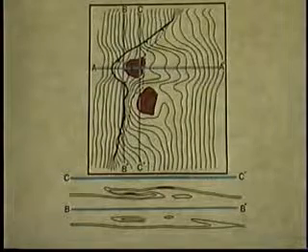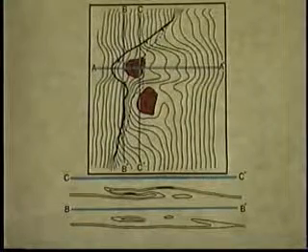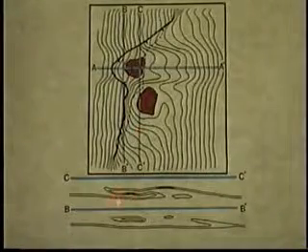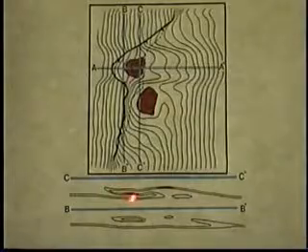Both closures are visible in the cross section C prime. Here's this hidden closure. Here's the non-hidden closure.